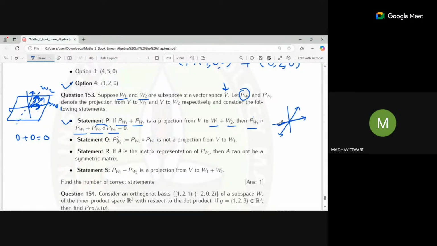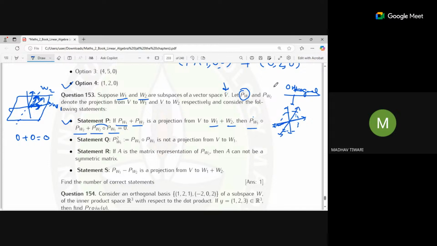Now you can see that if I add these two subspaces, or find all the linear combinations of these subspaces, it will lie along this whole plane. And now I can find some orthogonal basis because I want to find the projection. I can derive any orthogonal basis for it myself, even if it is not given.